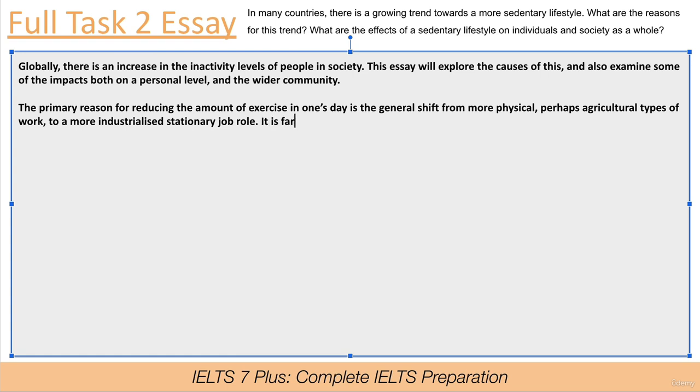So it is far more common today to work in an office than outside harvesting wheat, for example.